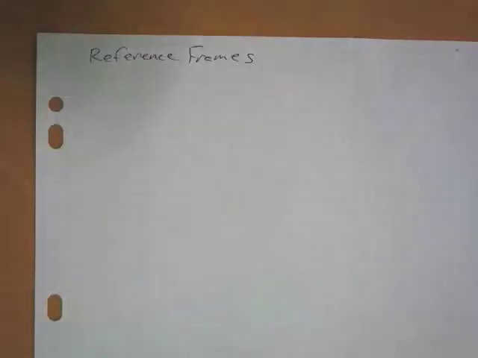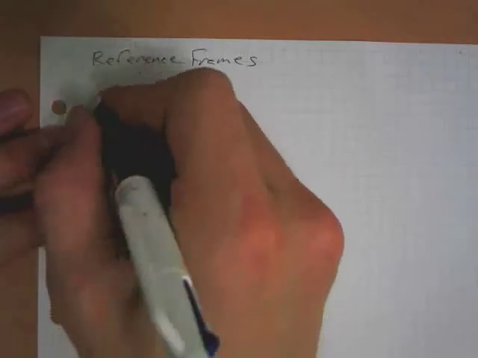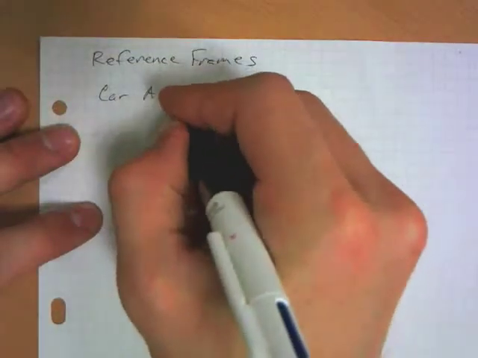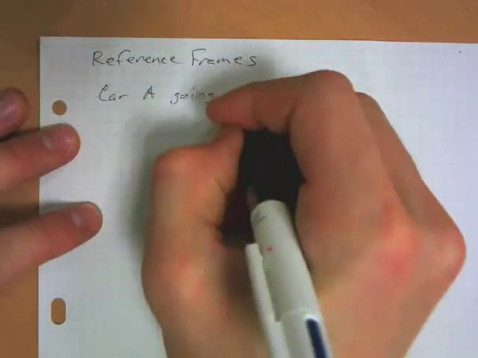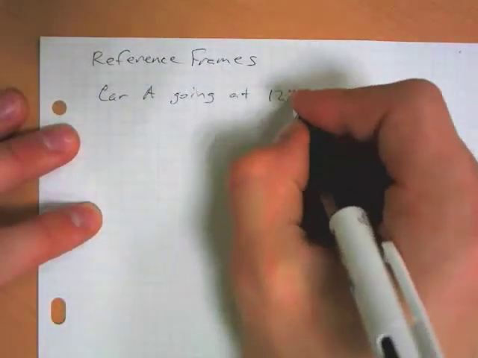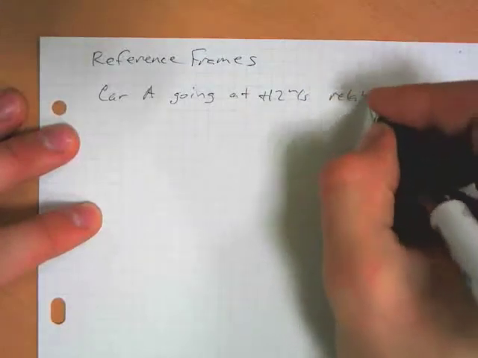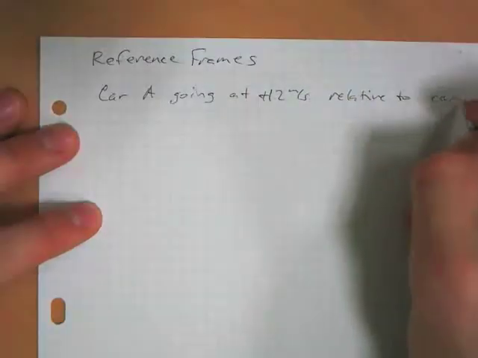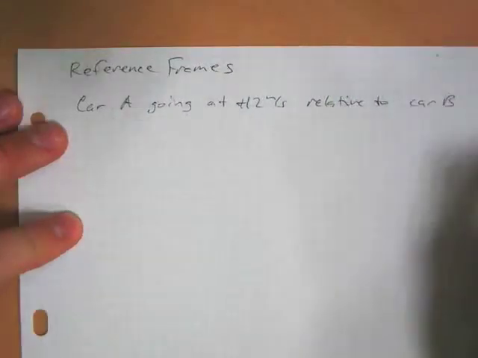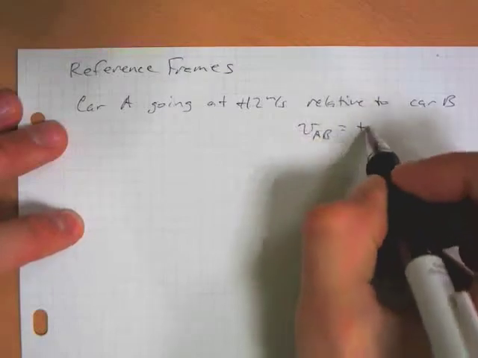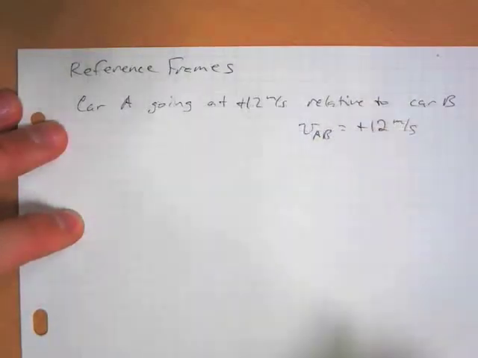Frames are a different way of thinking about the same idea as relative velocity. To say that, for example, car A is going at positive 12 meters per second relative to car B. In our symbols, that means velocity of A relative to B is plus 12 meters per second.